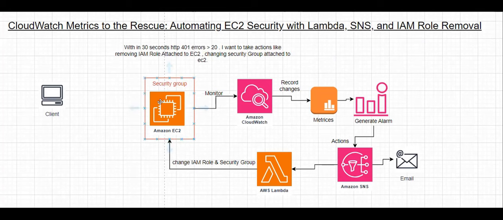We can achieve that by changing the IAM role of our server and changing the security group. If I change the IAM role of the server, can this server interact with the backend database and provide the response?